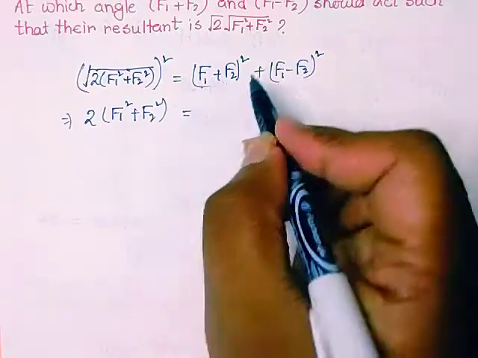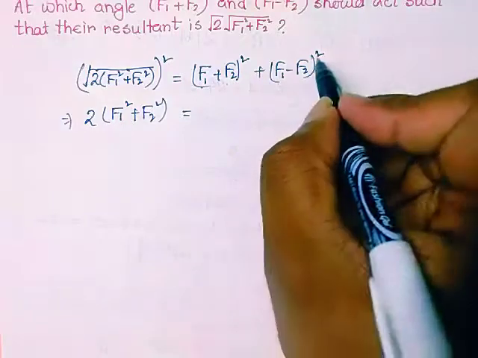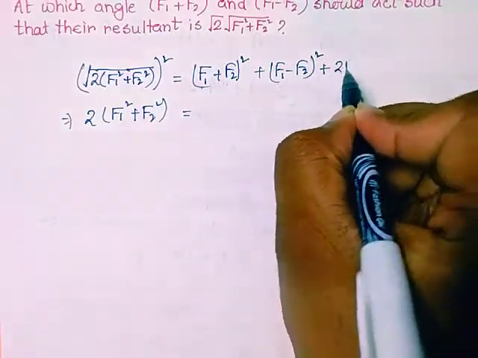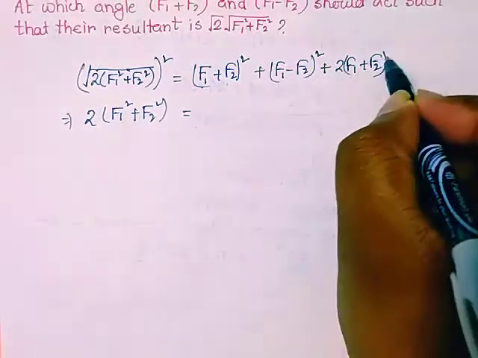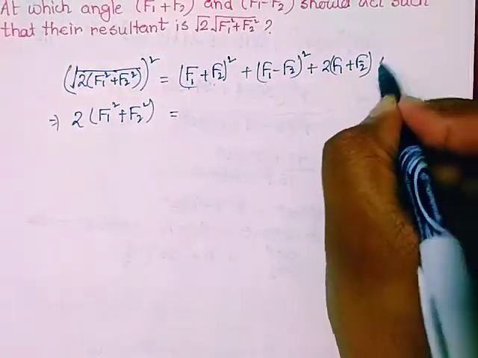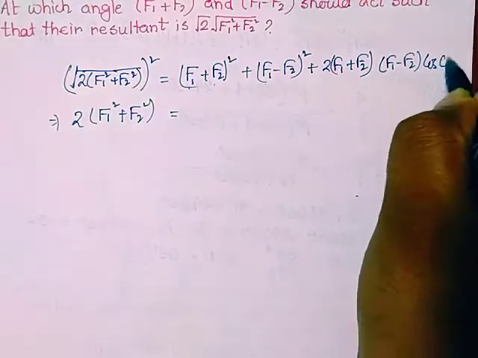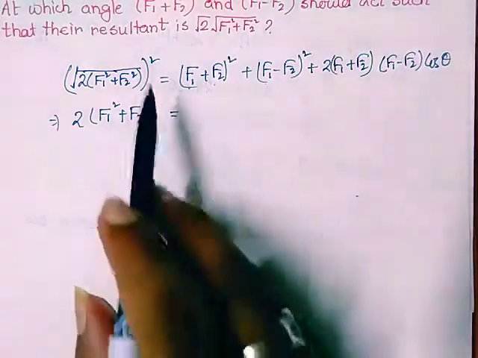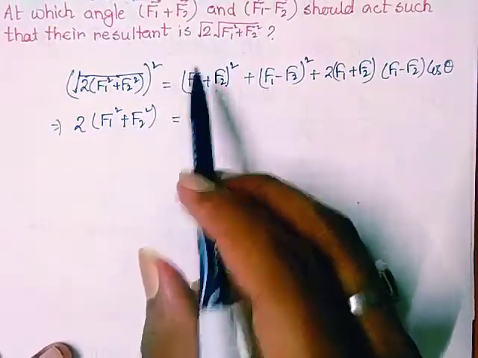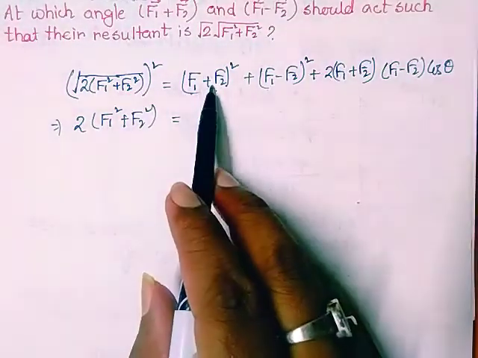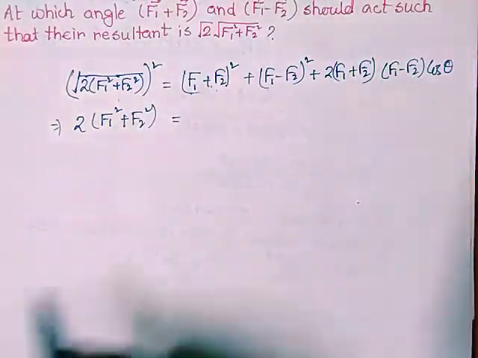So before that, it says should act so that the resultant is, obviously these things should be there. Okay, f1 plus f2 into f1 minus f2, I just forgot this, so I have to write down this thing. So f1 vector and f2 vector, and f1 vector minus f2 vector are the two vectors. So c square equals a square plus b square plus 2ab cos theta, that term should be there.